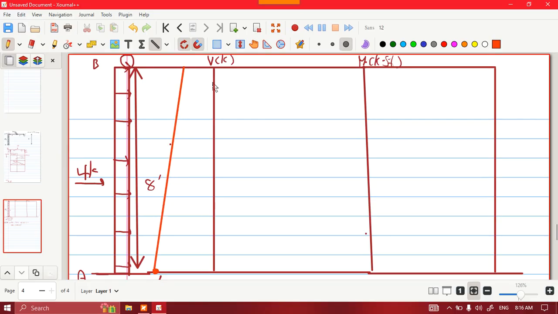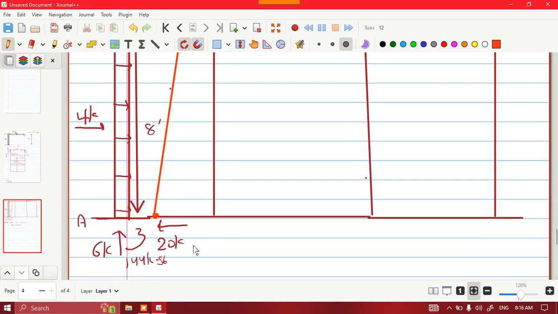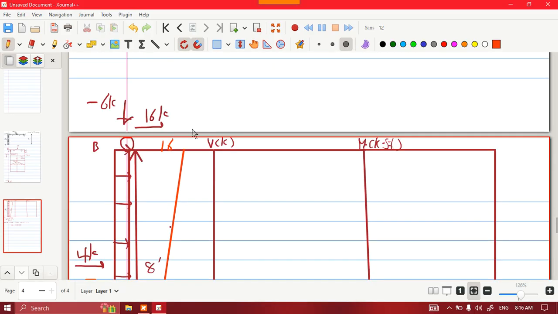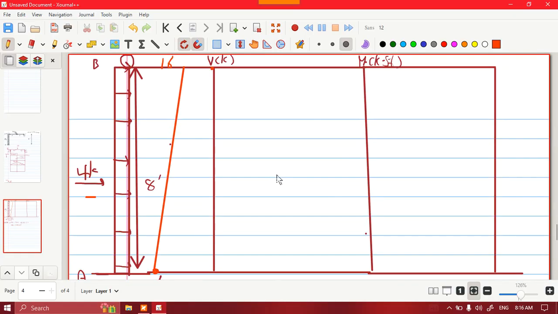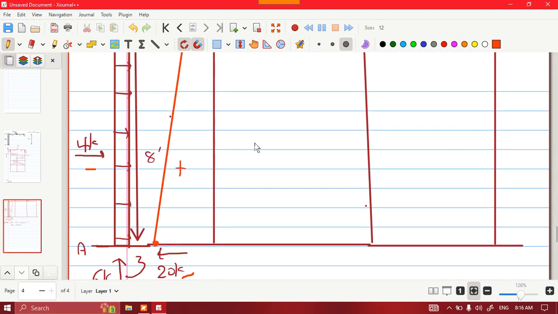approximately here, and this joint is going to be plus 16, okay, because 20 minus 4 is going to yield 16, and I have here minus 16, I reach 0. So this shear diagram is completely correct. This is positive. In order to find the moment diagram, I have to find the area of this trapezoid, which is very easy.